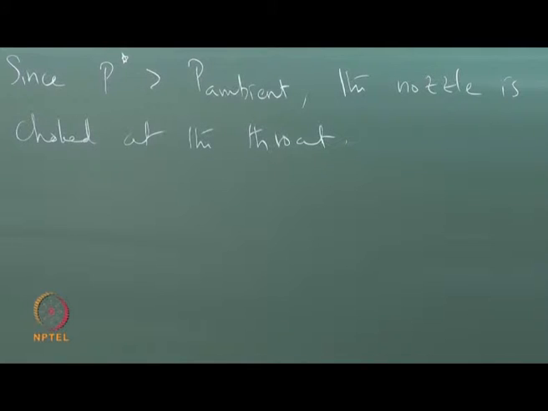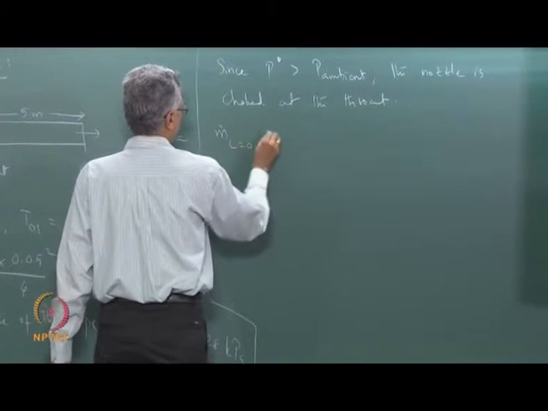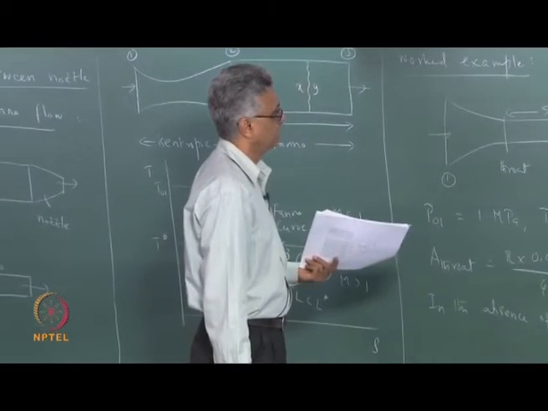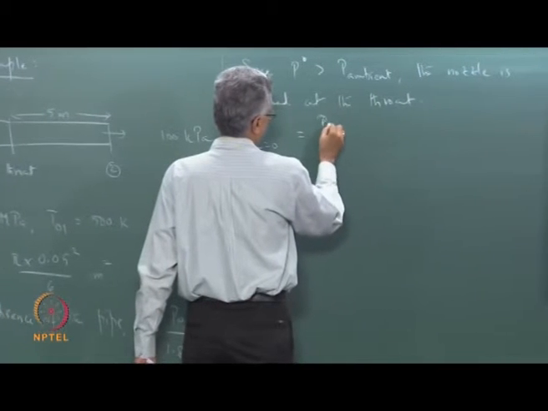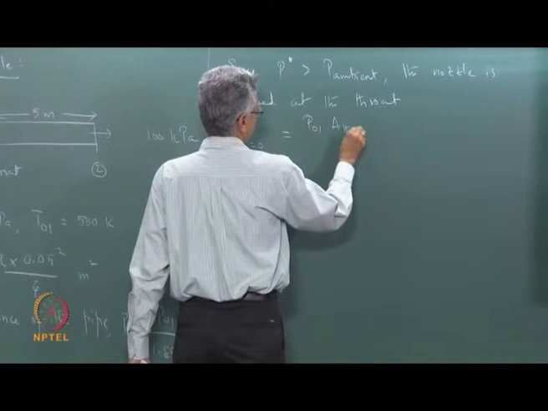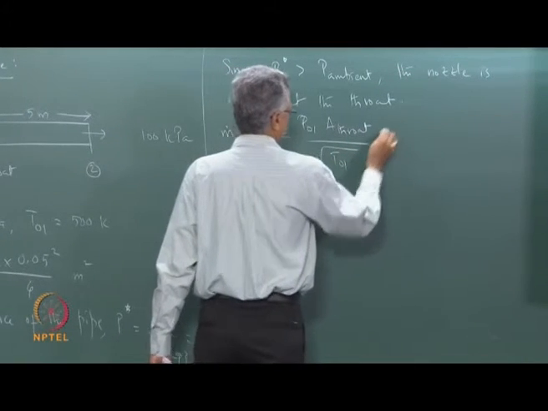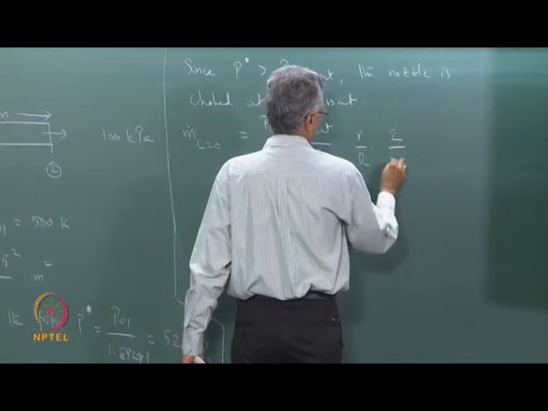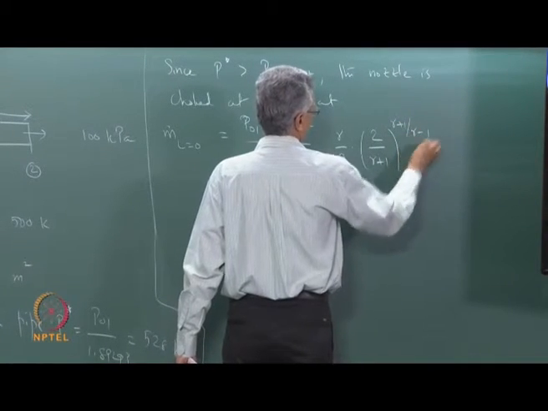which means I can calculate my mass flow rate corresponding to no pipe being present. So, that corresponds to length of pipe being 0. This is nothing but P01 A throat divided by square root of T01 times square root of gamma over R times 2 over gamma plus 1 raised to the power gamma plus 1 over gamma minus 1.